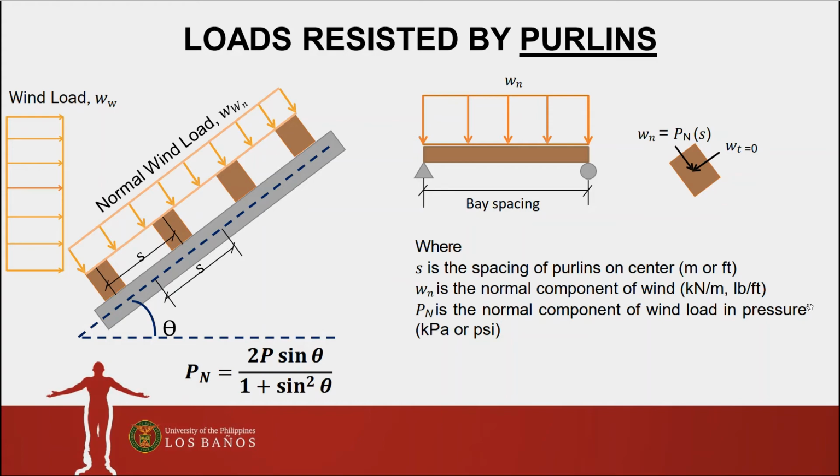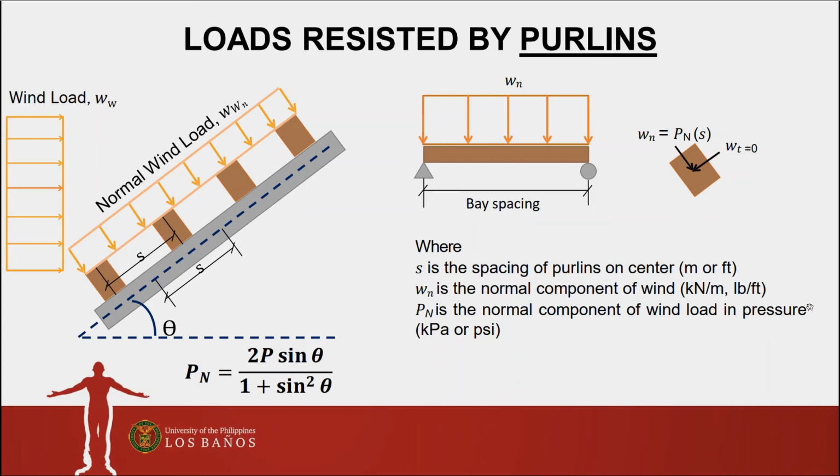However, the application load for the wind load becomes normal to the surface of the purlin, rather than pointing downwards towards the ground, since the roof live loads and dead loads are gravity loads, so they act towards the ground.